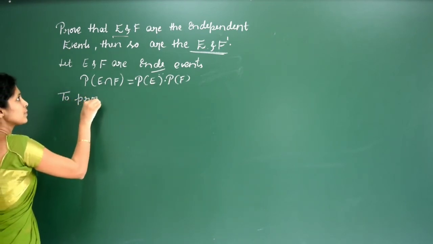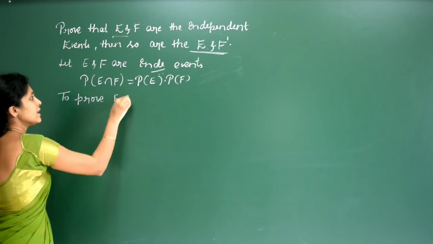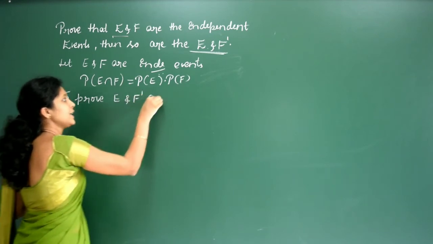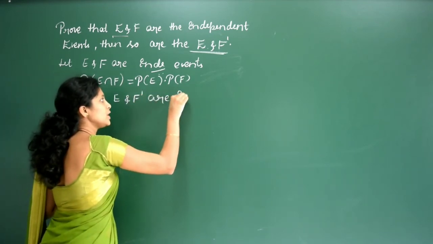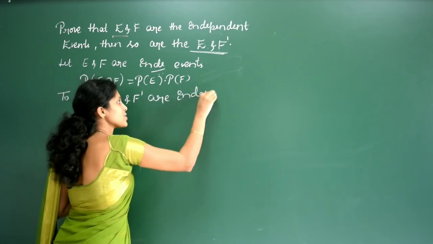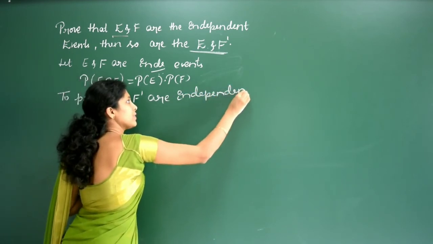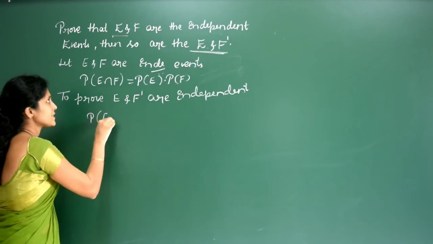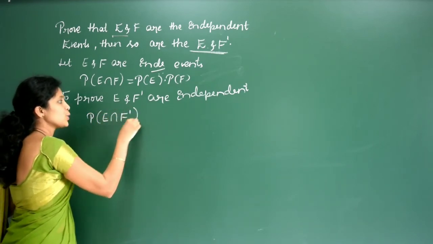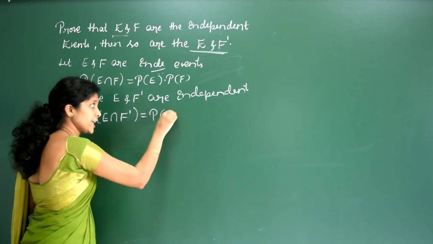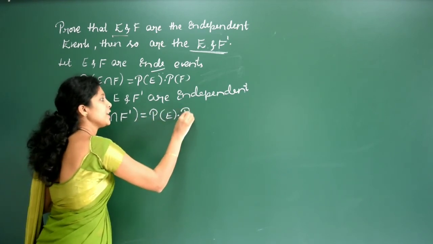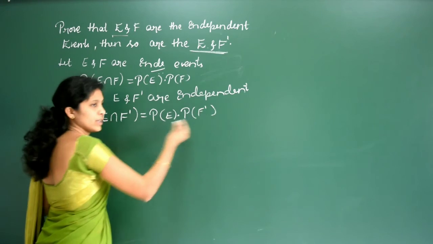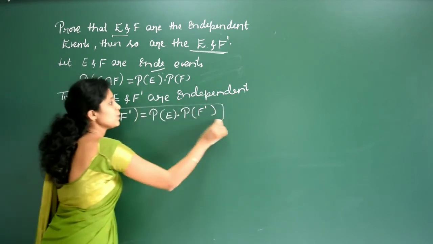To prove E and F dash are independent. Is it clear? We need to prove that E and F dash are independent. That means what we have to prove? P of E intersection F dash should be equal to P of E into P of F dash. So we need to prove this one. Is it clear? We have to prove this.